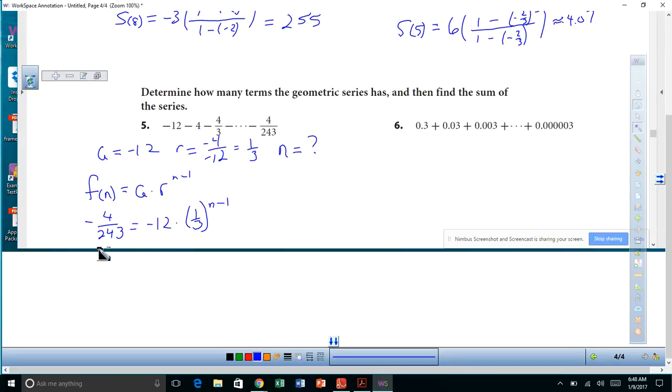Okay, if we divide both sides by -12, they're both negative, so that's 1 over 729 equals 1/3 to the n minus 1.